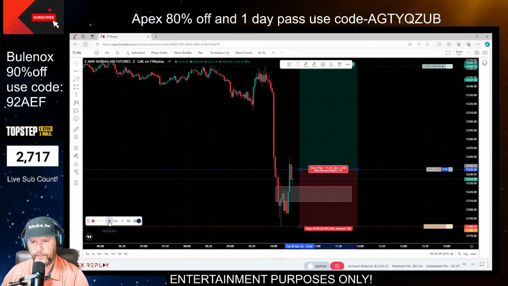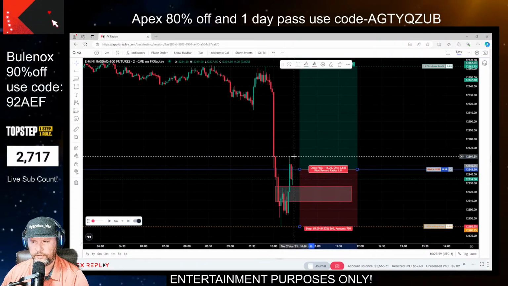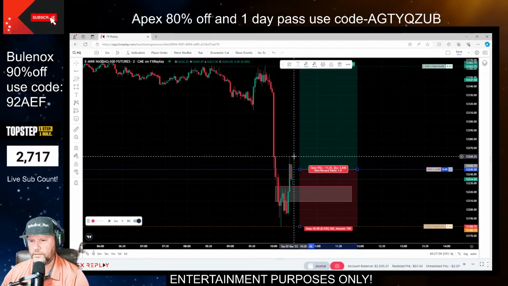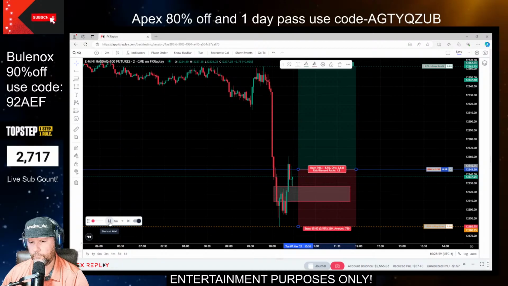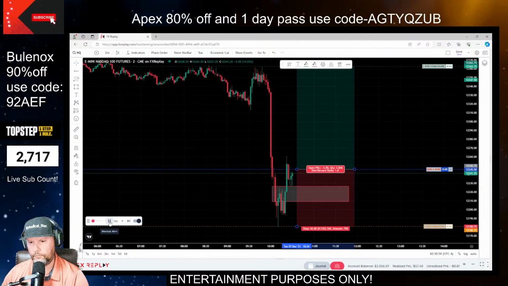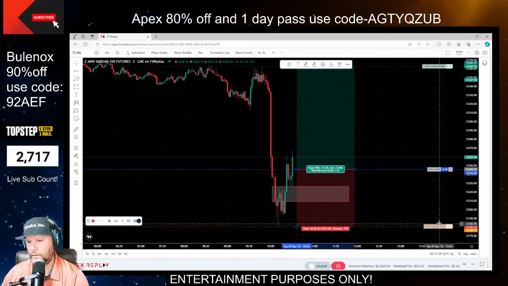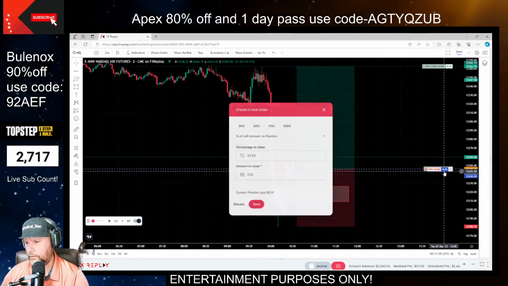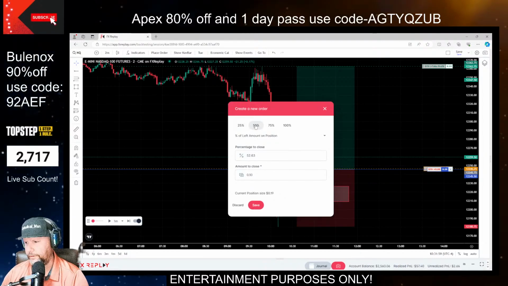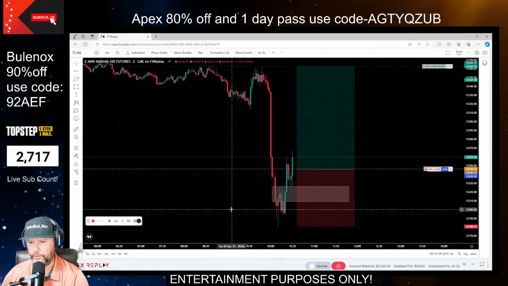Now we created a swing, so now there is a clear break even. So back above 260, stop will go to break even, and we will scale. There it is. So stop to break even. And we scale half for not a lot, 13 points, but 13 points is 13 points.